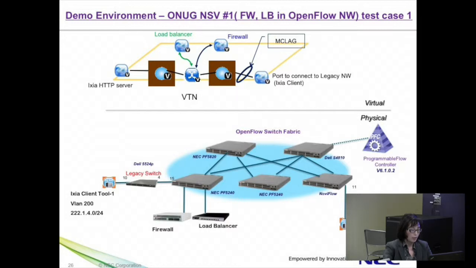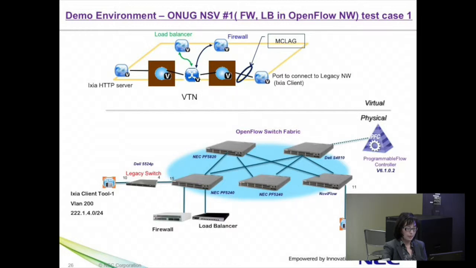What you do is define the virtual network. This is our VTN technology. This is a virtual component to map to your physical port. Here is the Ixia tool to send the traffic to the server.